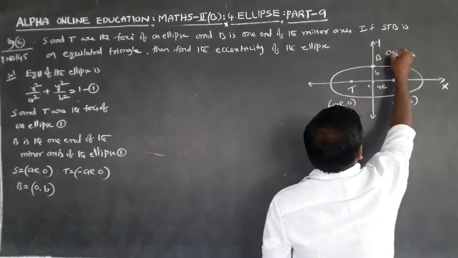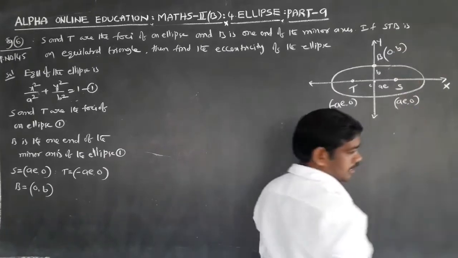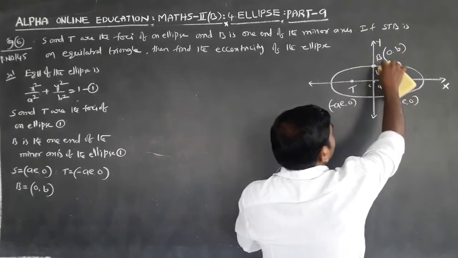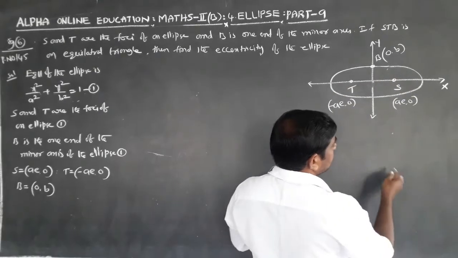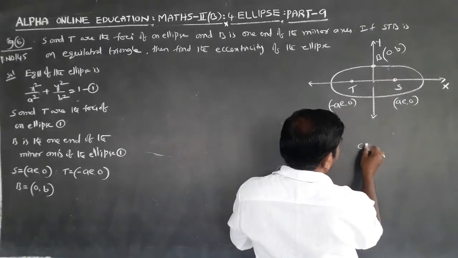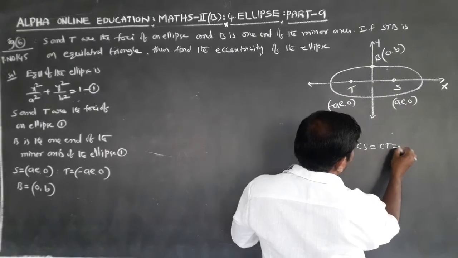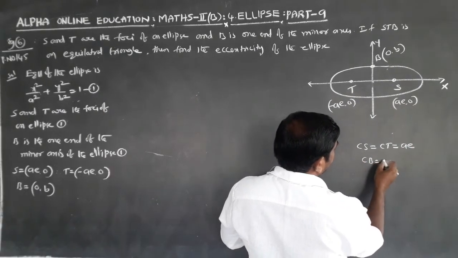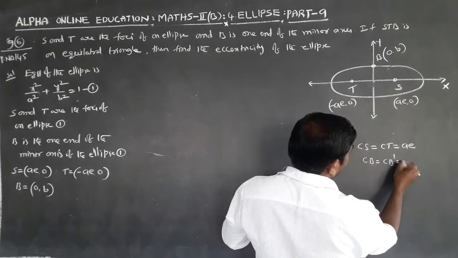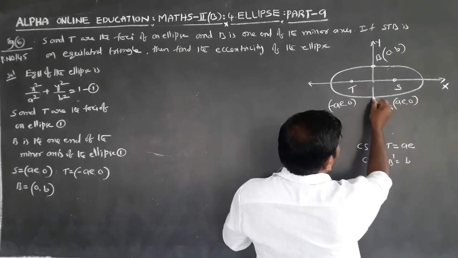CB equal to B, so B is the point (0, B). And here STB is an equilateral triangle. CS equal to CT is equal to AE, and CB equal to CB dash equal to B.